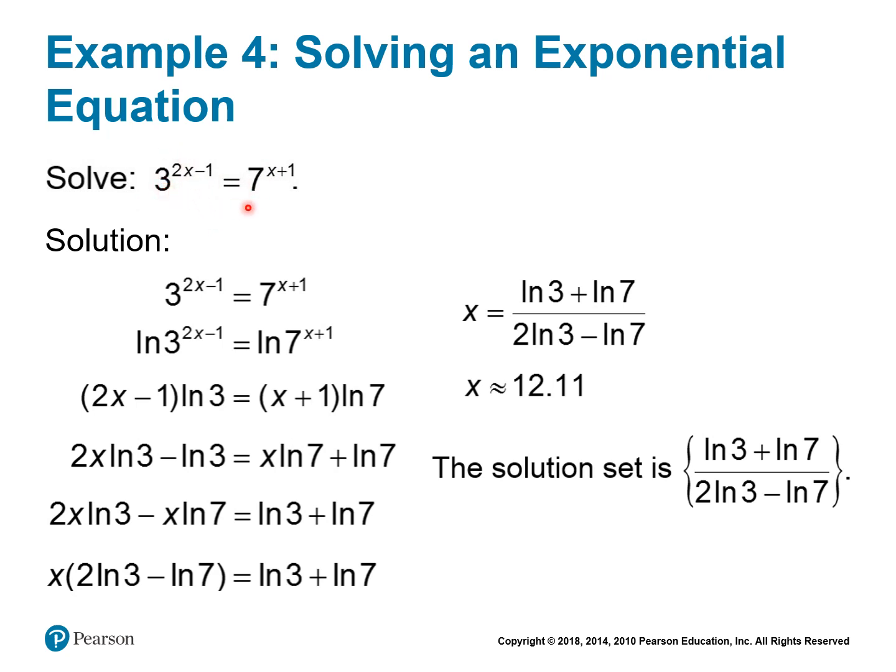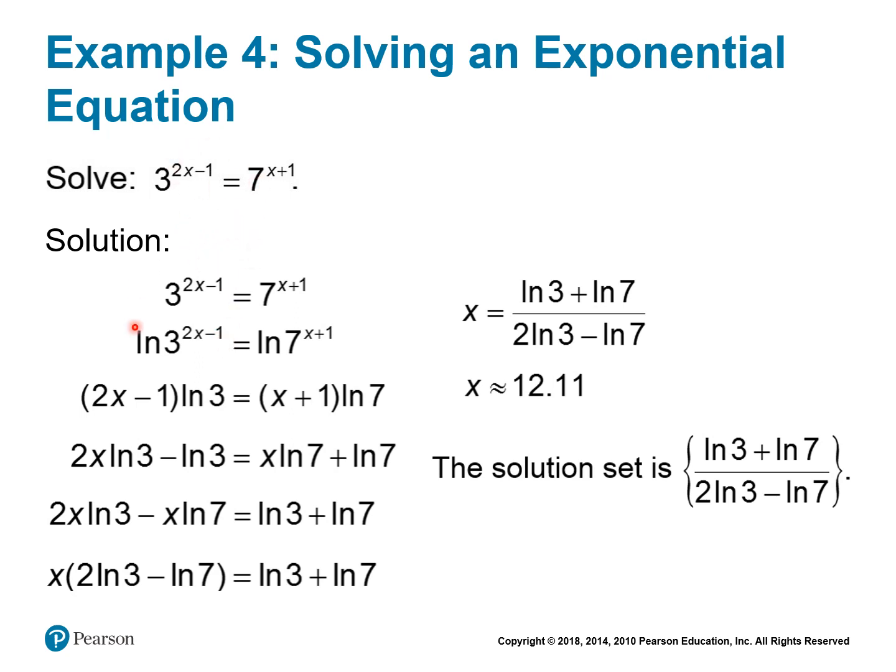One is a 3, the other one is a 7, and there's no way we can get 3 and 7 rewritten with the same base, right? So we have to take the help of logarithms in order to solve this equation. Now, since the bases are not 10, we have to use natural logarithms to work through it.